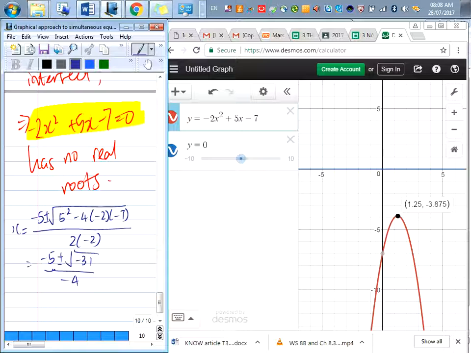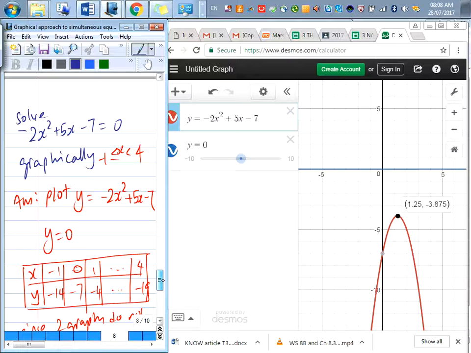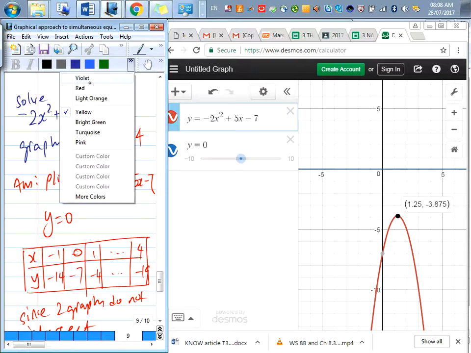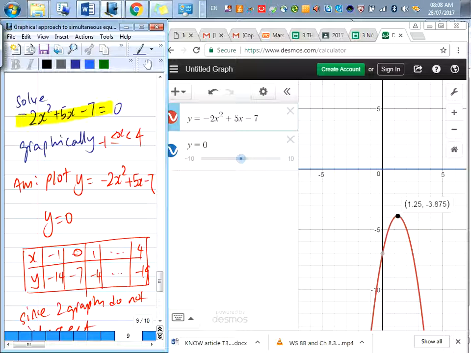Why do I want to do that? So that I can plot a graph. If I do not put a y over here, if I don't plot y equals so on and so forth, then there is nothing that I can sketch for this graph. How am I going to sketch a graph that is highlighted over here if I only have one variable?